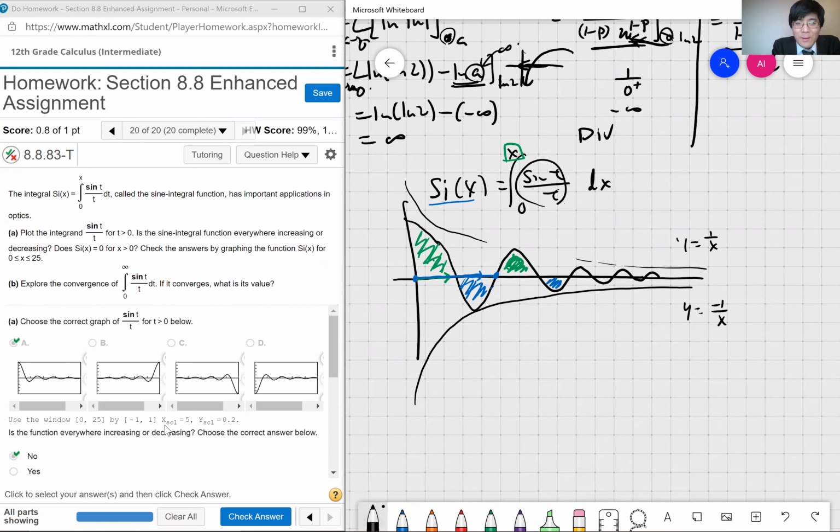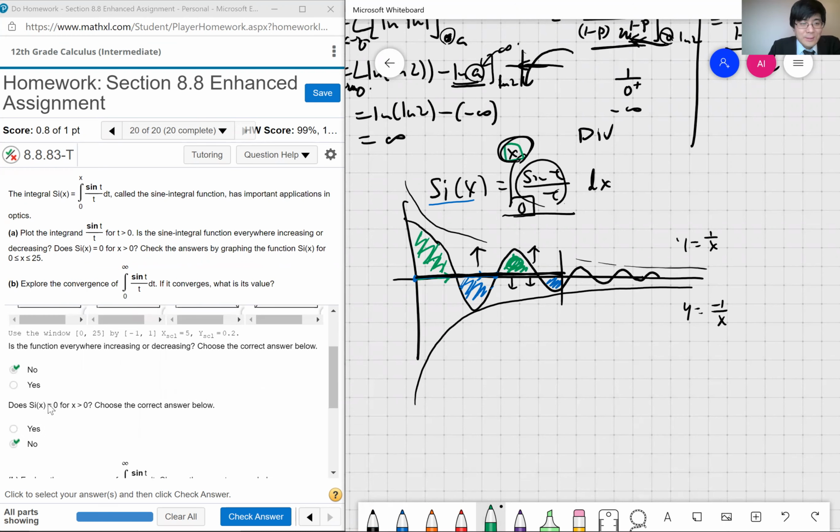So when you integrate from 0 through x, for anywhere you stop, the total on the positive side is greater than the total on the negative side. So for any value of x, the result of the integral must be greater than 0, because green is always greater than blue. So does this function become 0 for any value of x? The answer is no.